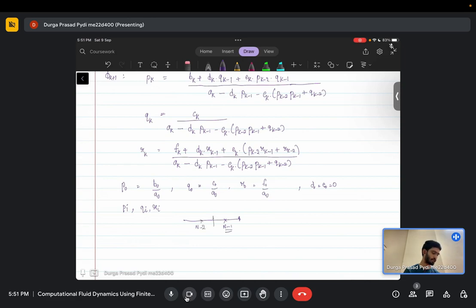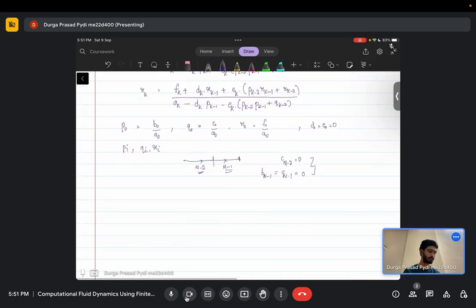When you are at i equal to n minus 2, you don't have an east-east cell, so Cn minus 2 will be 0. For the last cell, the east cell Bn minus 1 and east-east Cn minus 1 will both be equal to 0. If you use these expressions, you will be able to get all your pi, qi and ri.